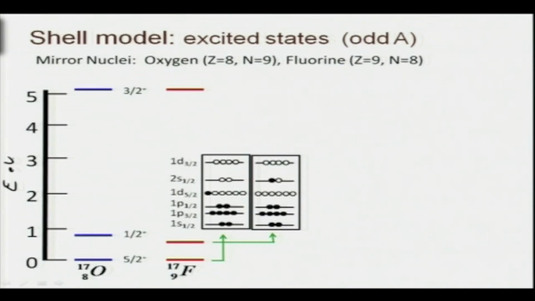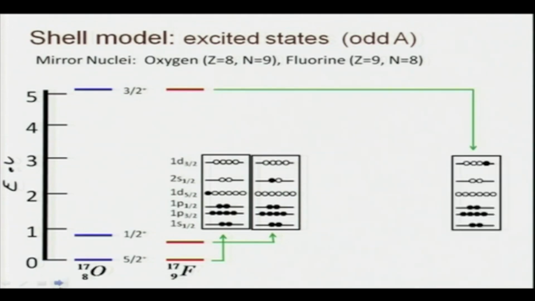Is there anything in between? Experimental observation says that there is something in between, which has excitation energy about 3 electron volt, and I is equal to 1/2 with odd parity, for both fluorine and oxygen.